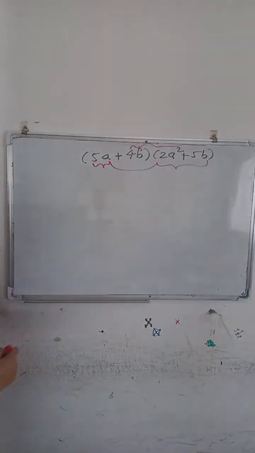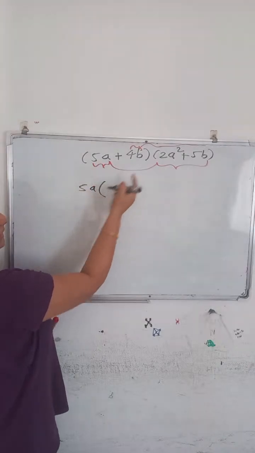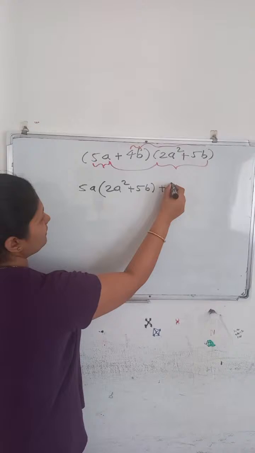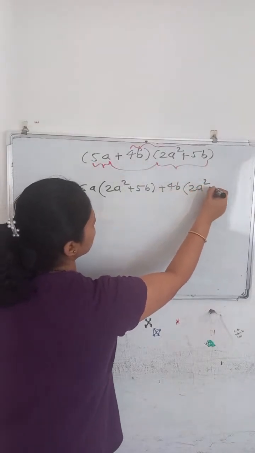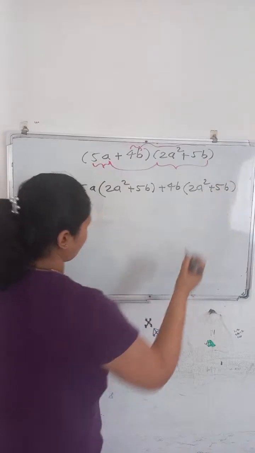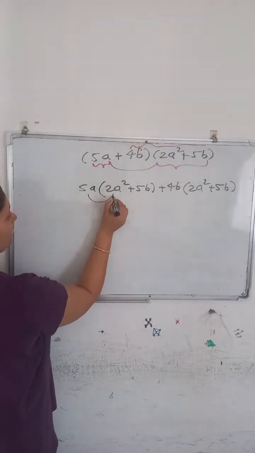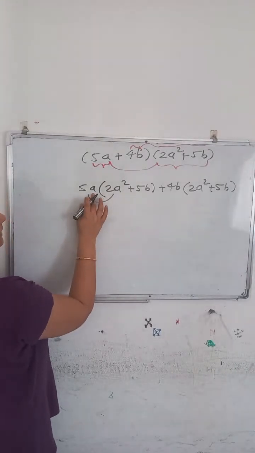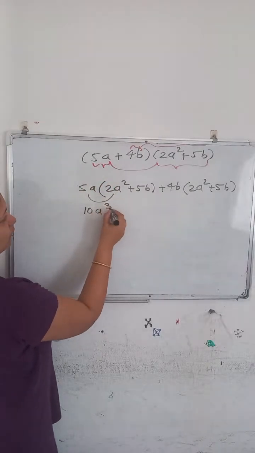So how will I write? 5A multiplied by 2A square plus 5B, plus 4B times 2A square plus 5B. Now multiply 5A into 2A square: 5 into 2 is 10, A raised to 1 into A raised to 2, we add the powers, A cube.